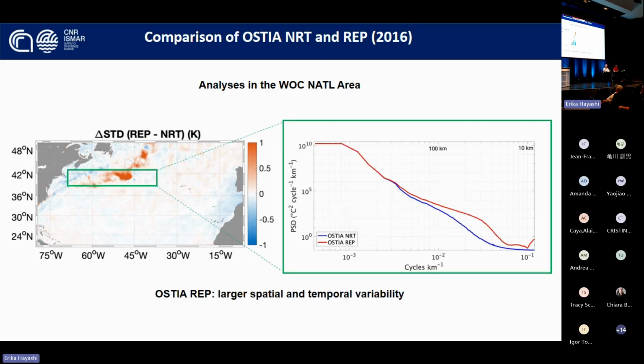And again, focusing on this sub area here, we performed a spectral analysis. The results are presented here. In red, you see the power spectral density of the reprocessed product, which in the large to small mesoscale range indicates a more efficient representation of the spatial features.